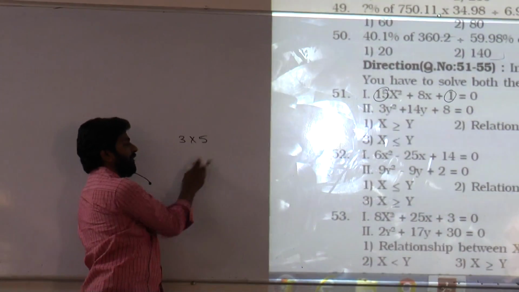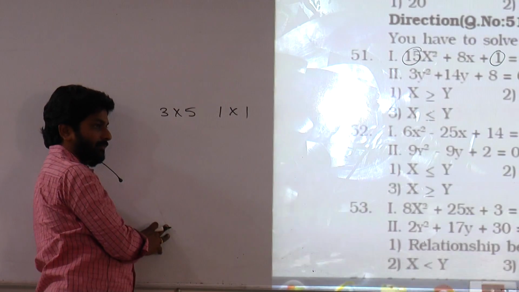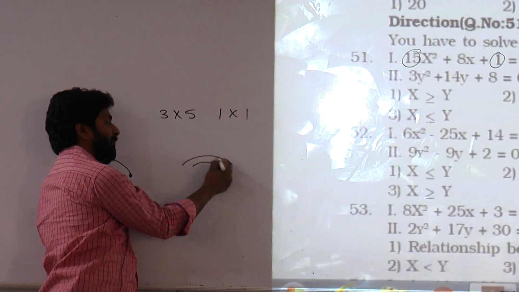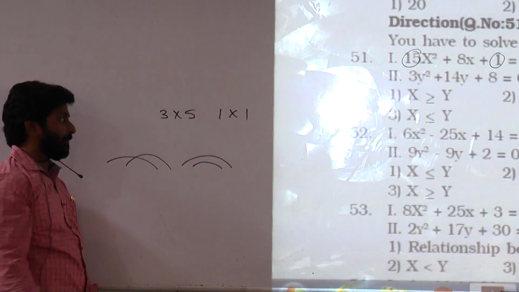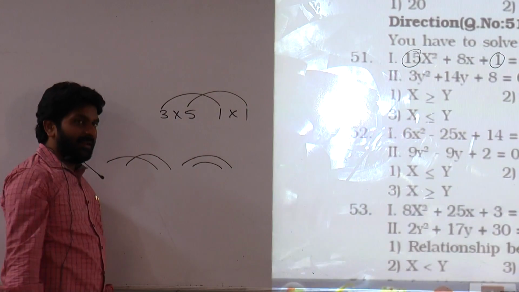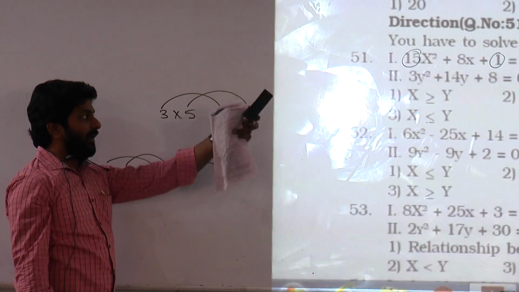I can write it as 3 into 5, and I have only 1, that is 1 into 1. If you want a combination, that will be either rainbow multiplication or alternate numbers. If you take alternate numbers here, that is 3 and 5, 3 plus 5, 8.